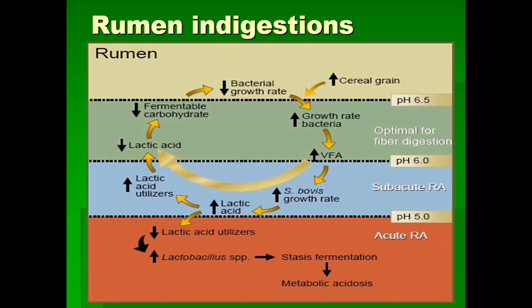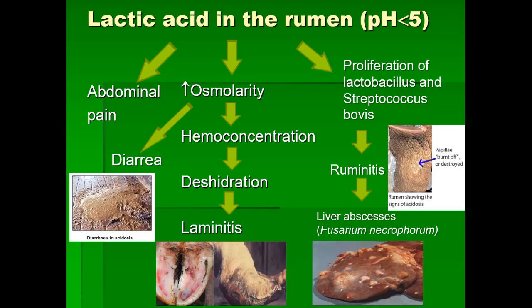Now the protozoa and the gram-negatives will die at the lower pH, and at that point the rumen motility also stops, and there will be a corrosive damage to the rumen walls by that lactic acid. So when the rumen pH gets below 5, the consequences are basically the proliferation of lactobacillus and streptococcus.